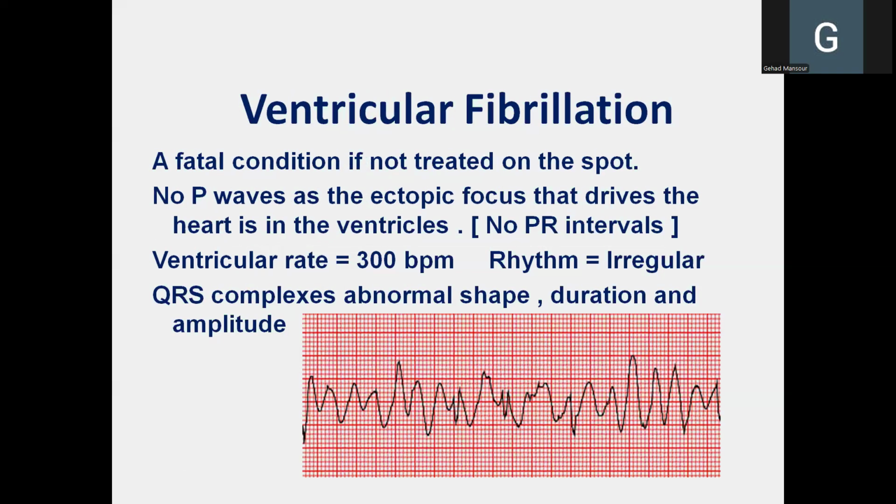And then we would study afterward ventricular fibrillation. And this is the most serious arrhythmia that might affect a person.